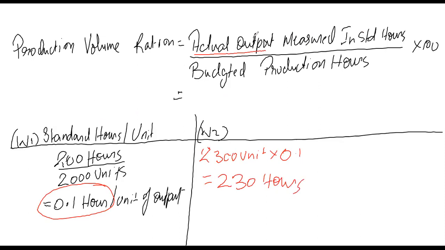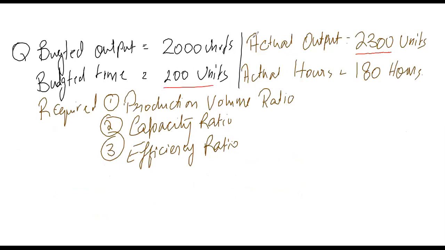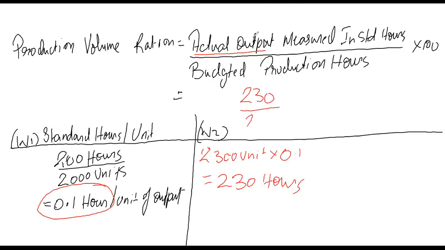So this is the actual output measured in standard hours. 230 hours, divided by budgeted production hours, which were given in the question as 200 hours, divided by 200 multiplied by 100. So I'll be getting an answer of 115%.